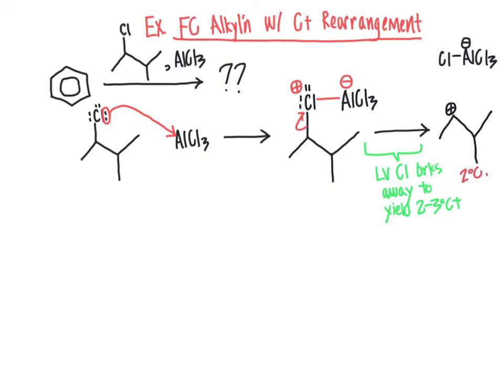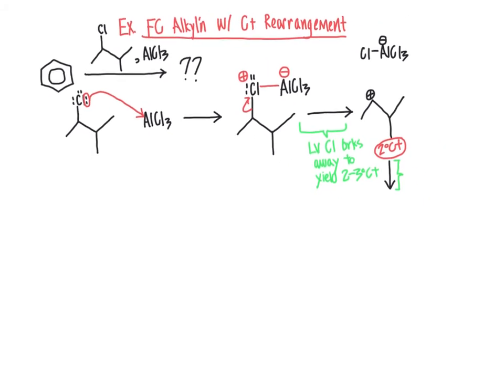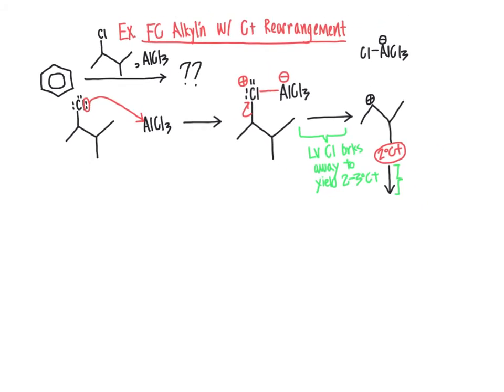Now that we have made our secondary carbocation here, we do need to keep in mind the fact that carbocations that are secondary are subject to rearrangement, just like when we're doing nucleophilic substitution SN1 reactions. And so what will happen here is that our secondary carbocation is going to rearrange. And I'm going to zoom out just a little bit so that I give myself enough space to write this out.